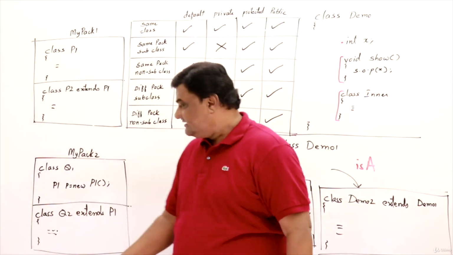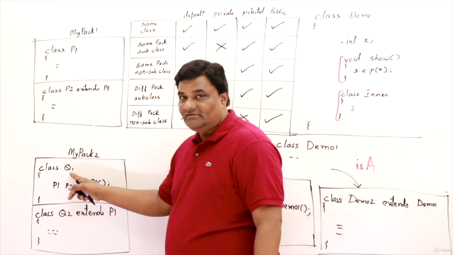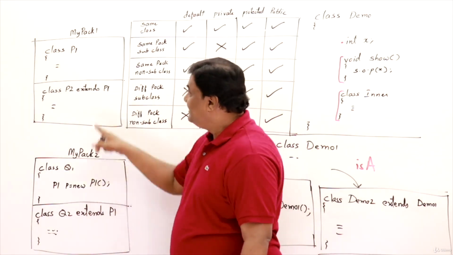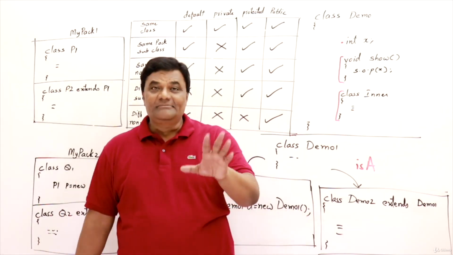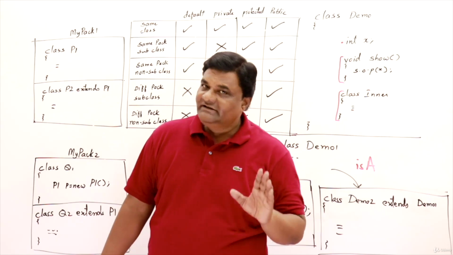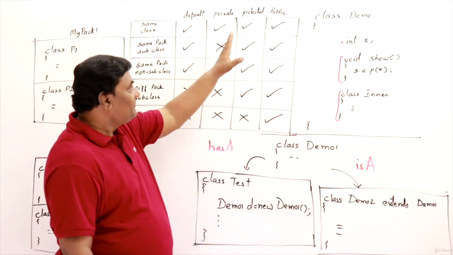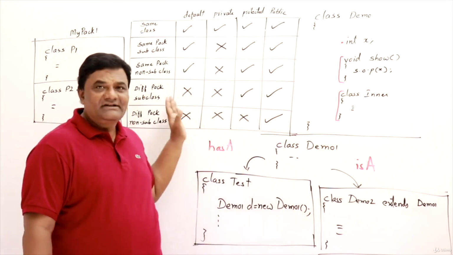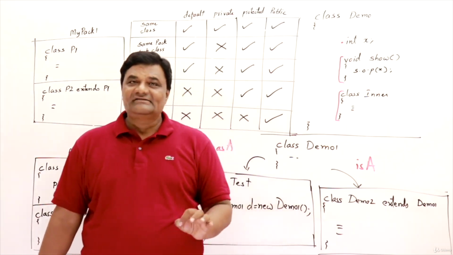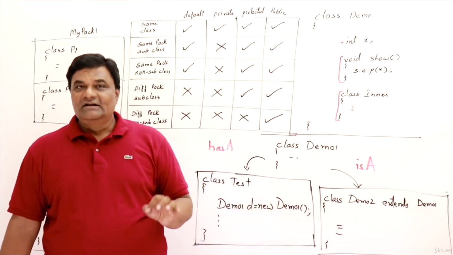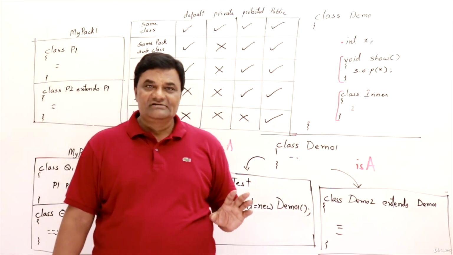Different package, non-subclass means here Q1 is in a different package using P1 from that package. So Q1 cannot access protected members, right? So the only thing here you have to focus on is to remember about protected. Otherwise, all are simple and easy to remember. So protected members are not accessible in a non-subclass in another package.